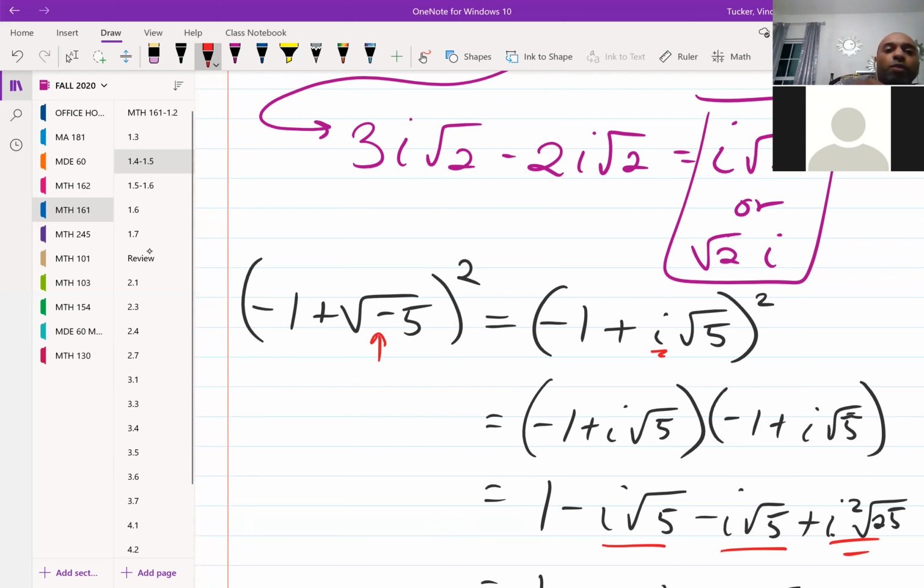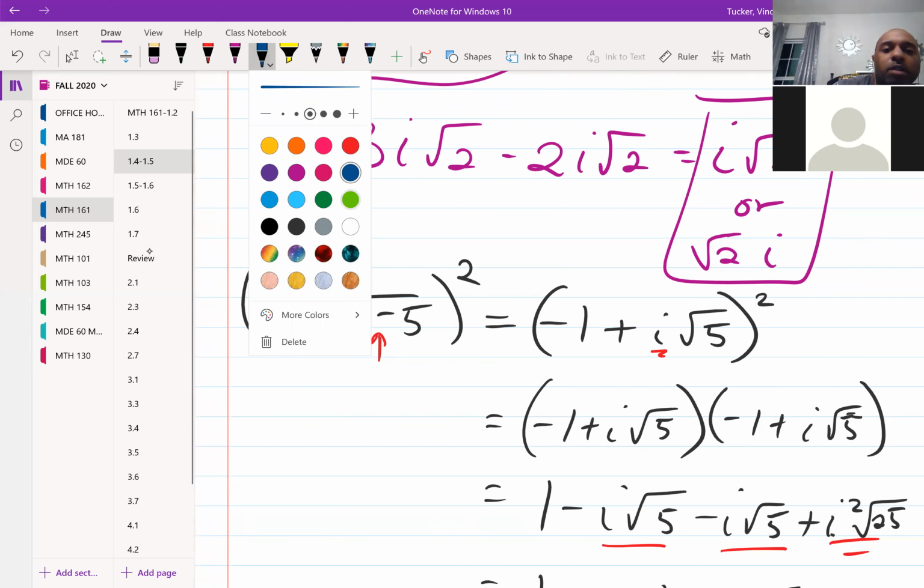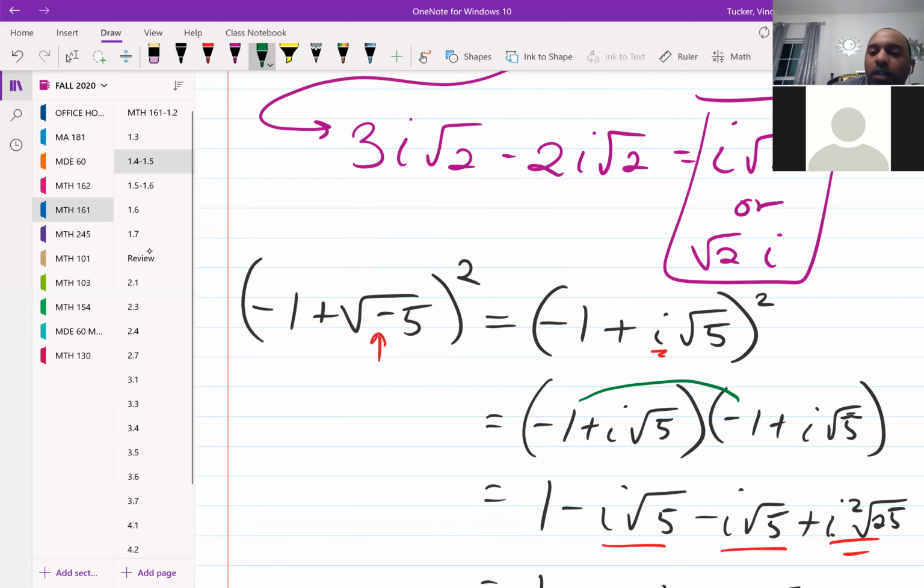Then I went ahead and distributed. So negative 1 times negative 1 is positive 1. Negative 1 times i square root of 5 is negative i square root of 5. i square root of 5 times negative 1 is negative i square root of 5. i square root of 5 times i square root of 5 is i squared square root of 25.